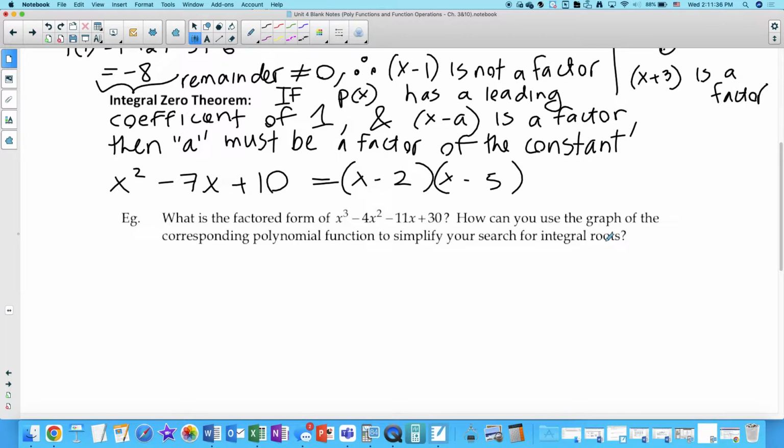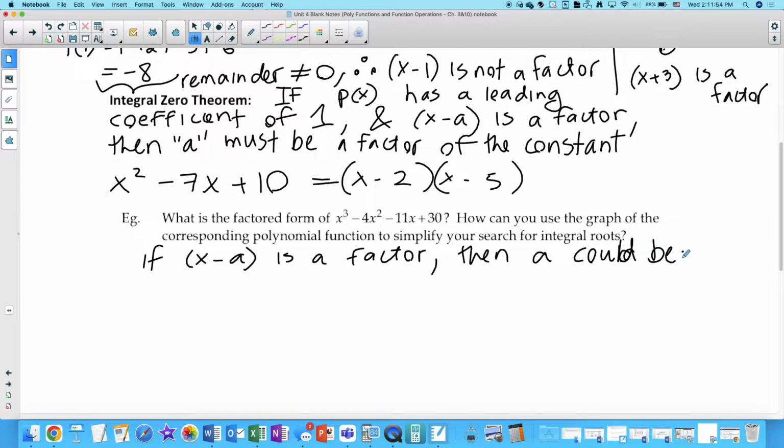Okay, so suppose x minus a is a factor, then a could be essentially positive or negative factors of 30.